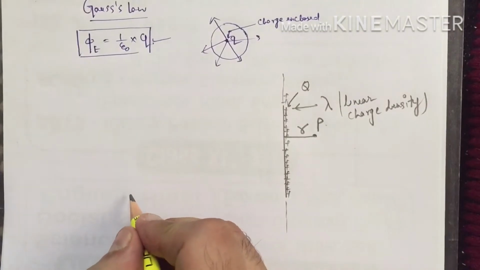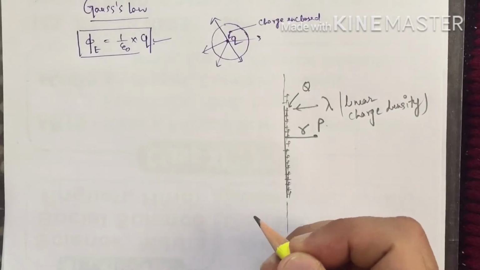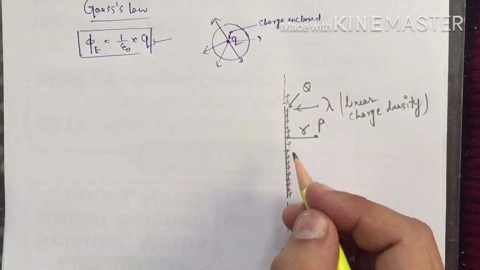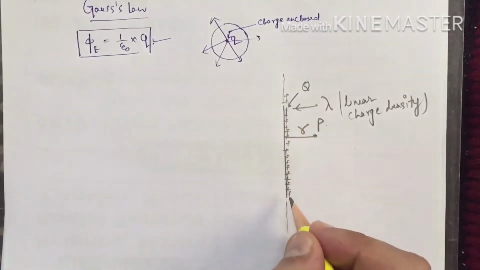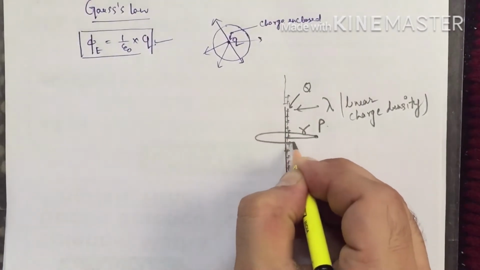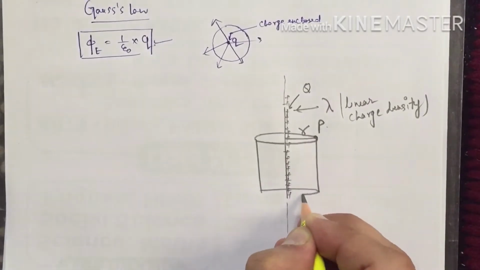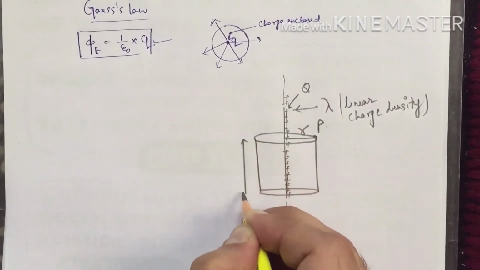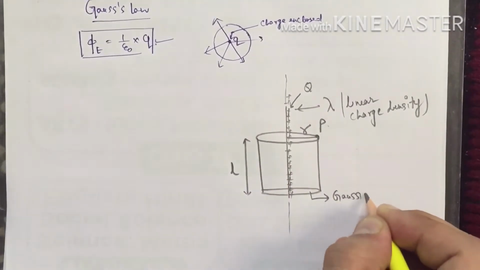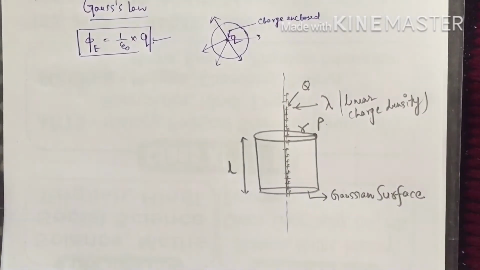So the advantage of using Gauss law is that it helps to draw a Gaussian surface around any charge distribution, and in this case for the linear charge distribution the Gaussian surface will be a cylinder of any length L. So such type of surface which is drawn is called Gaussian surface.